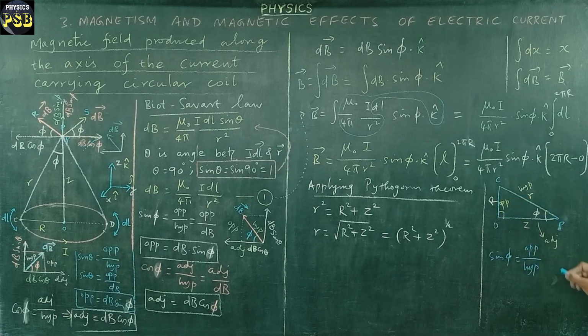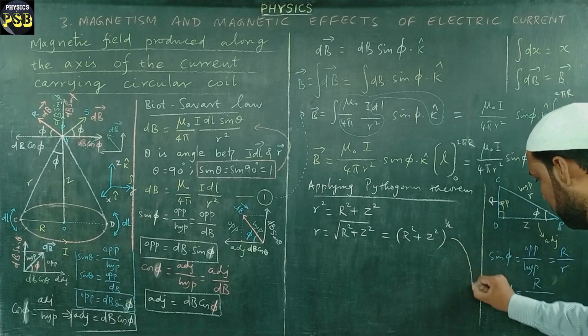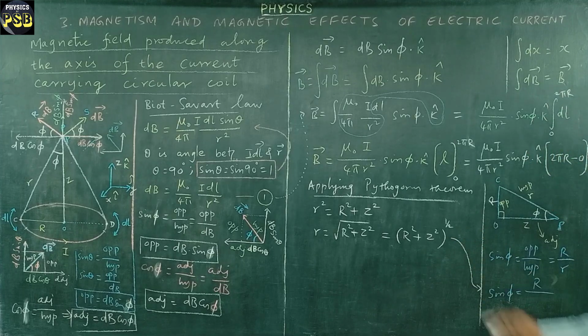Here the opposite side is R and the hypotenuse is small r. Clear? So sine phi is equal to R divided by, substituting the value of r, R square plus z square power half.